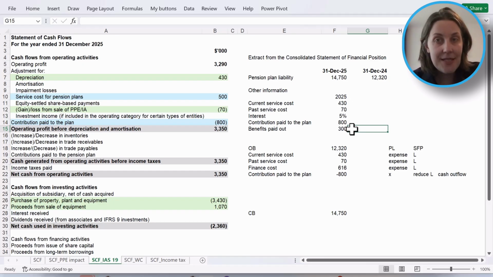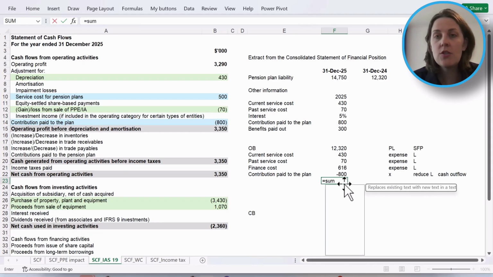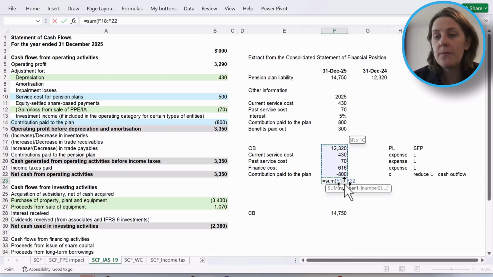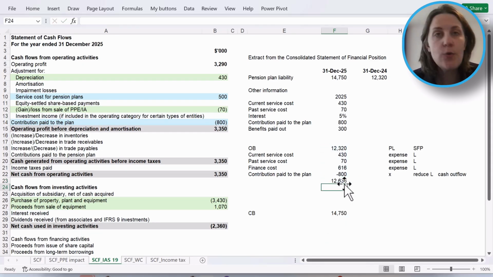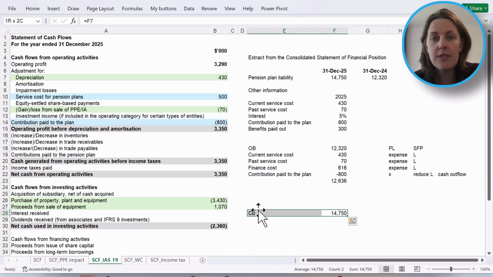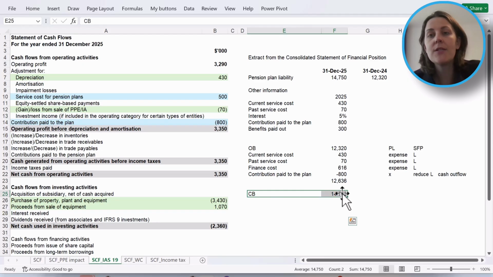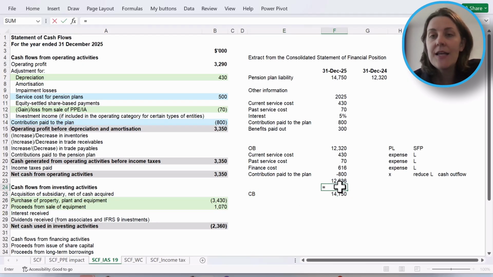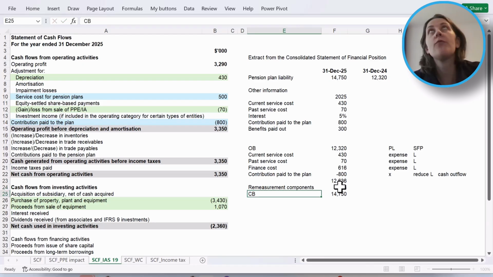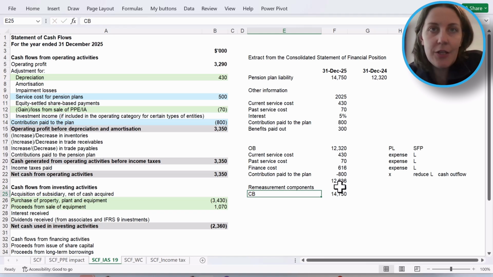And that is it. So theoretically, we were supposed to get a liability of 12,636. But our closing balance is different. It's 14,750. And the difference is going to be the remeasurement component. Remeasurement component means that things have changed. For example, life expectancy has increased.